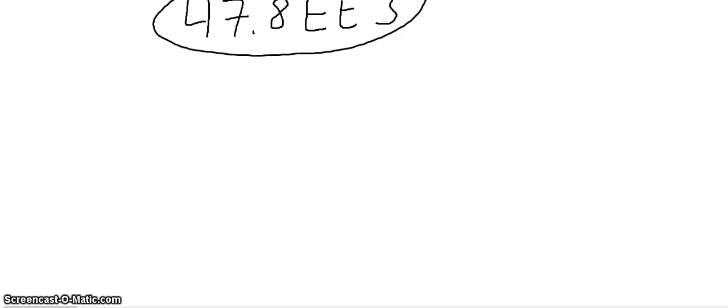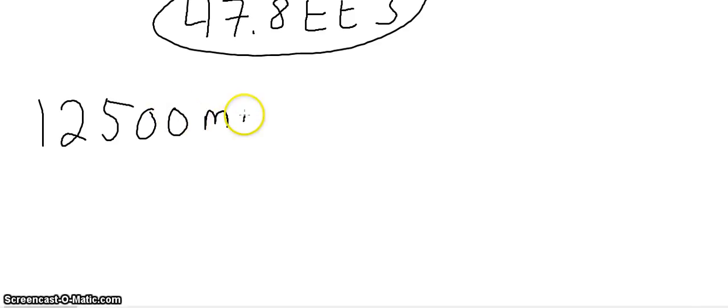All right. Here's our next example. Suppose we had, I know I keep using distances, but it doesn't really matter, 12,500 millimeters, and we want to convert this to meters. There are of course several ways to do this.